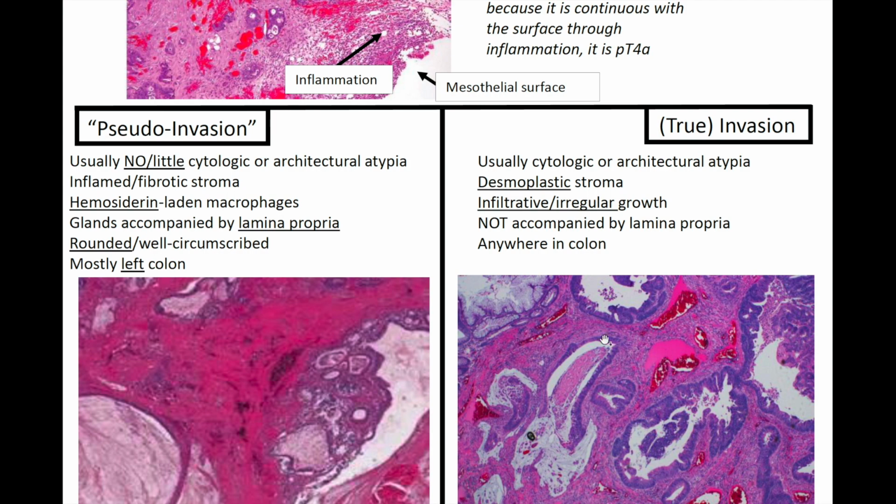So that desmoplastic stroma is that fibrotic and edematous response around these glands that is telling you that the tissue around these glands is responding to this malignant process because it's abnormal, right? There's atypia there. It shouldn't be there, and the body is responding, and that's why you have this desmoplastic response. And you see that elsewhere throughout the body with malignant processes. So desmoplastic stroma is a big clue that you're dealing with invasion.